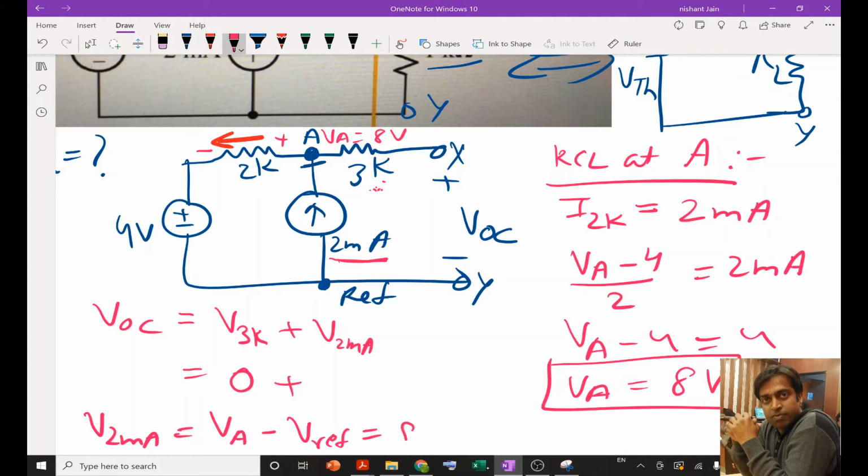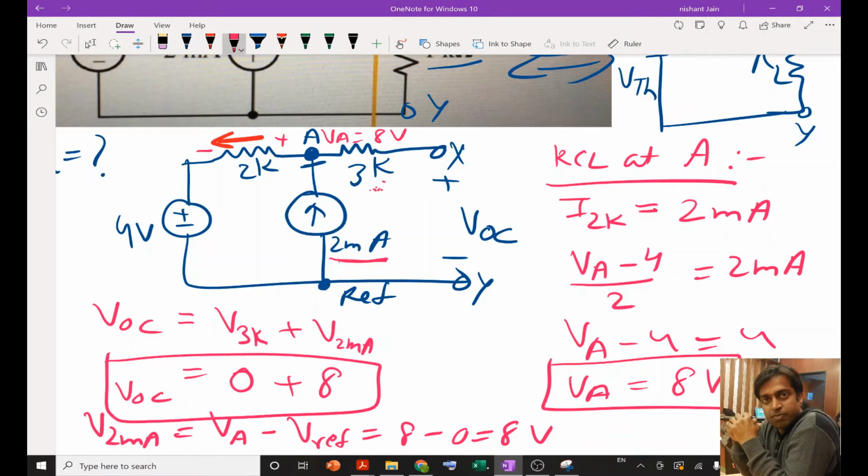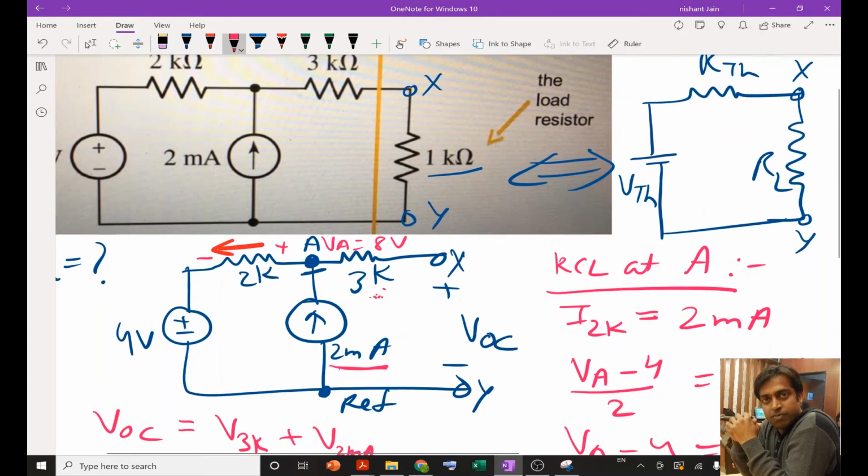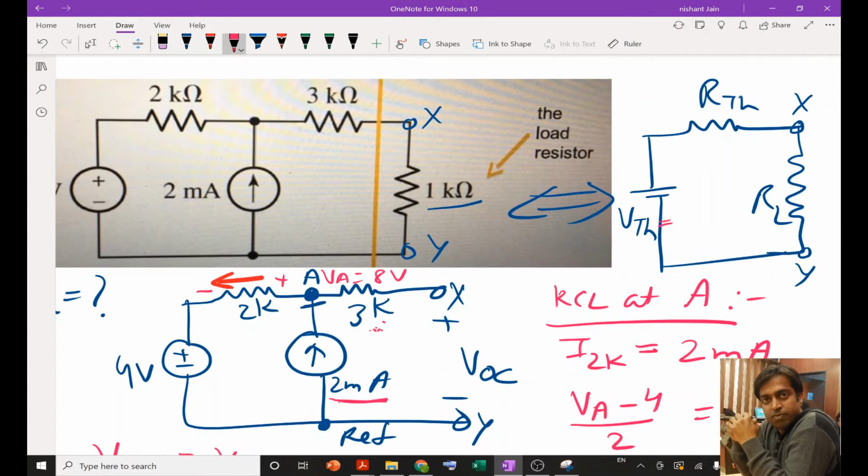VA is 8, V reference is 0, so it is 8 volt. So my VOC is 8 volt. And since VOC is equal to VTH, my VTH is 8 volt. Now my next task is to calculate the RTH.